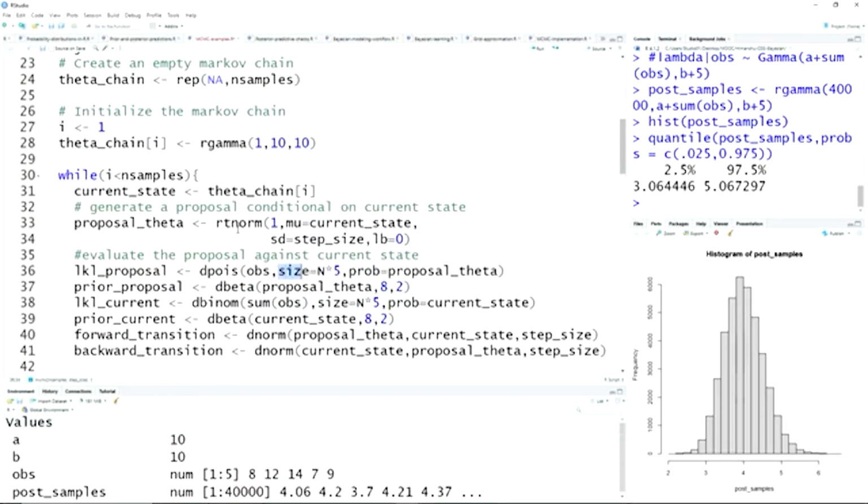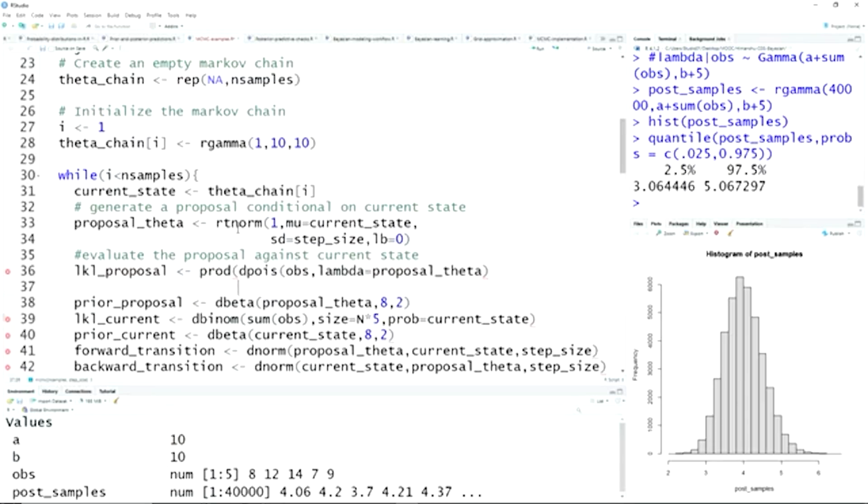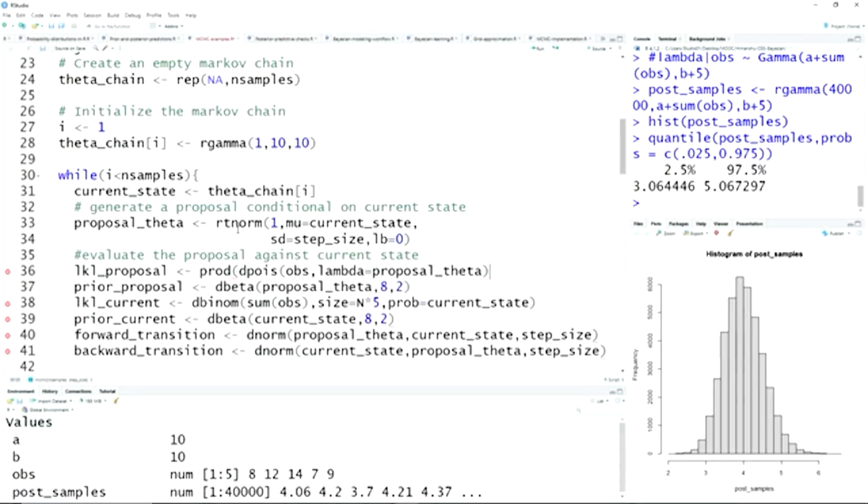So there is no such thing as sample size, and lambda is proposal theta. Okay, so this will give you 5 likelihoods corresponding to each data point. So you need to take a product of all those 5, which will give you the joint likelihood.